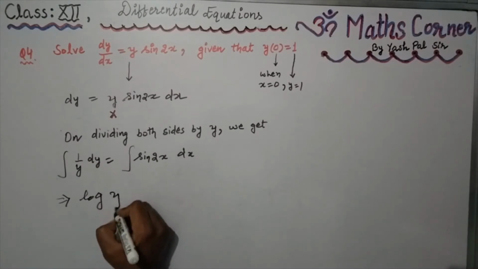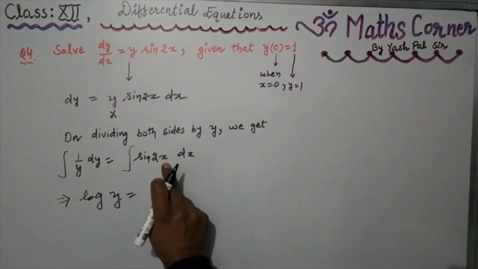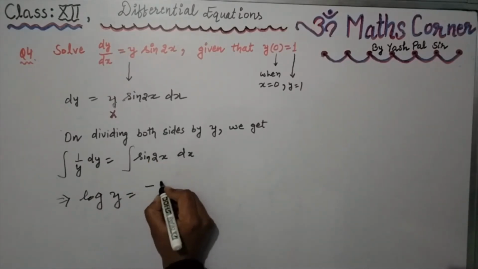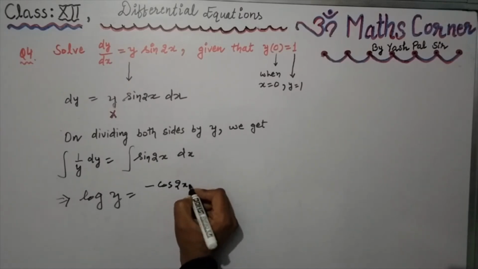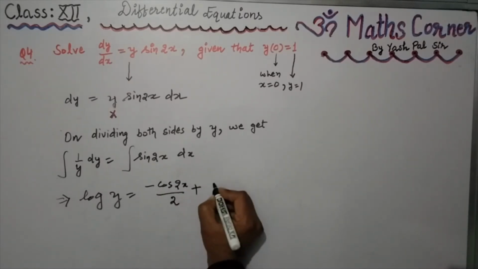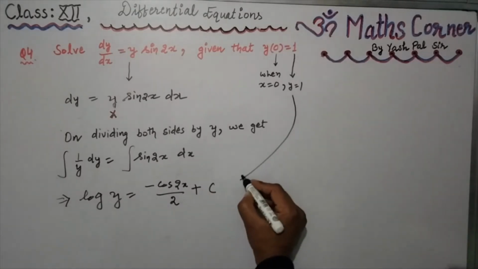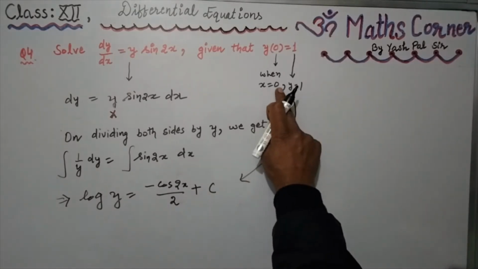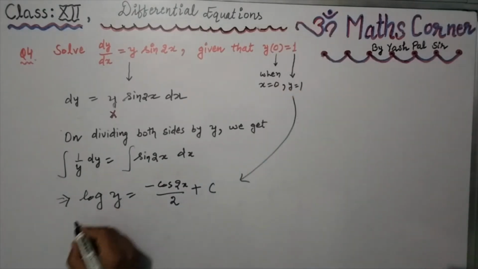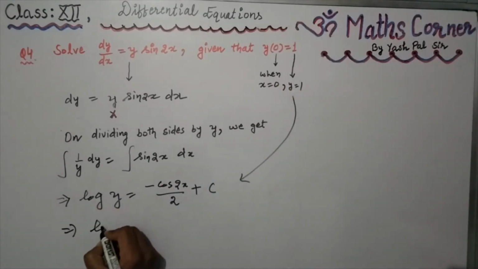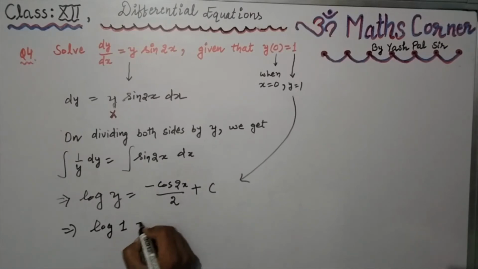Now the integration of 1 upon y will be log of y. On the right hand side, the integration of sine of 2x is minus cosine of 2x divided by 2, plus c, the constant of integration. Now the condition we were discussing: put x is equal to 0 and y is equal to 1, then what happens?